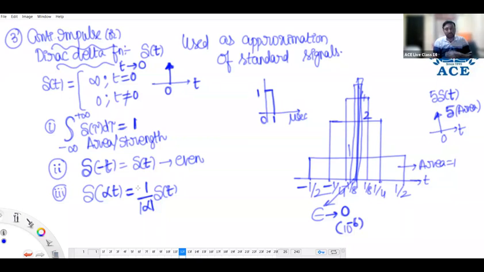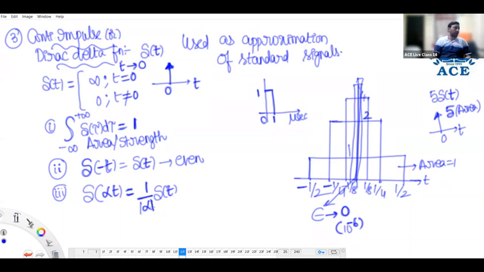It is a modification of the first property, sir. What is the first property? Area under unit impulse is 1. In place of del t, substitute del of alpha t. Assume alpha t as lambda and solve it. Mathematical enjoyment. That will create this 1 by mod alpha.